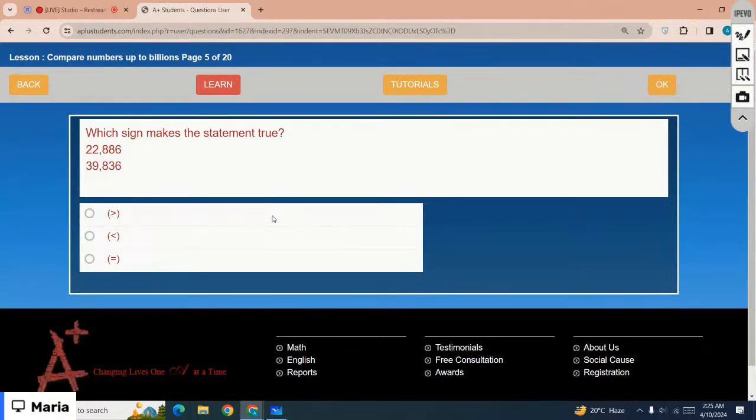So, which is the correct option? 22,886 is less than 39,836.